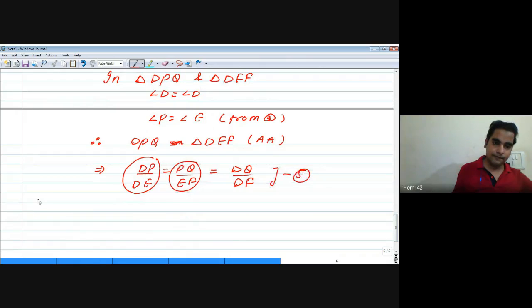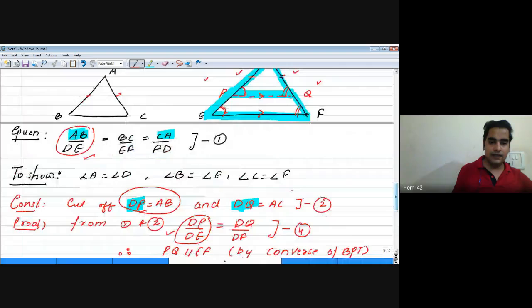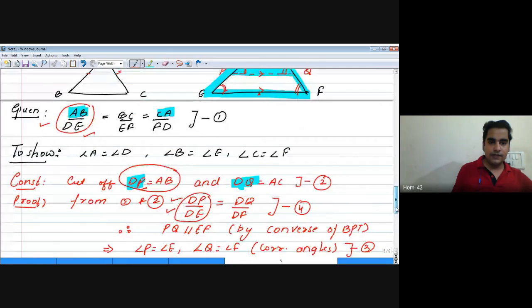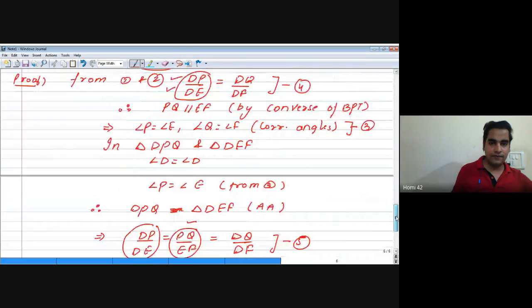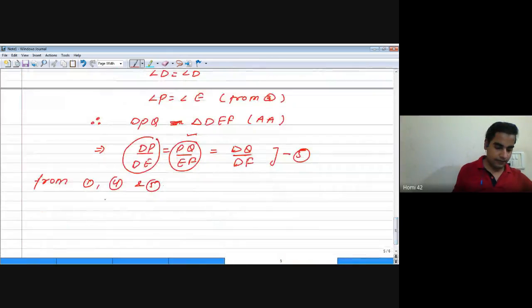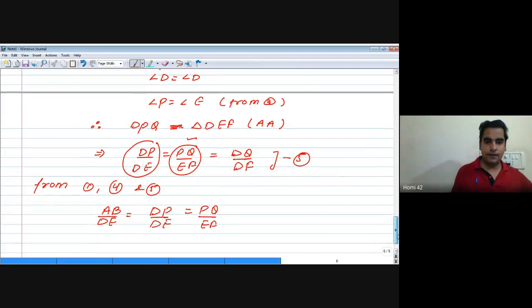So from 1, 4, and 5, what do we have? We can say AB upon DE is equal to DP upon DE, and this DP upon DE is equal to PQ upon EF.